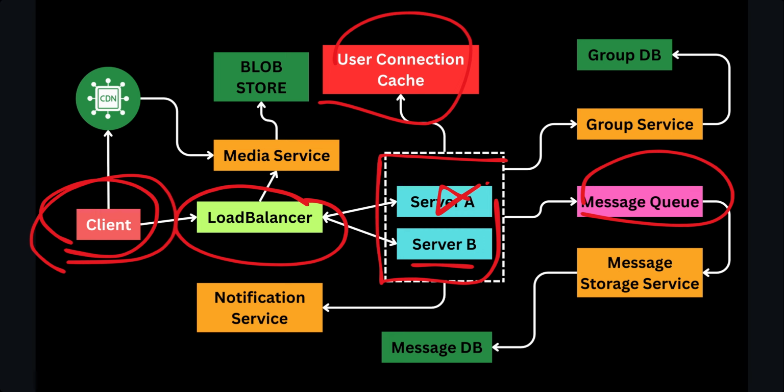We can do a fast lookup: when server A needs to send messages to user two or any other user, it quickly checks the user connection cache to find out which server user two is connected to. This is faster than querying the full database.